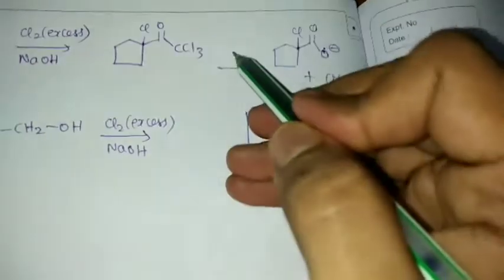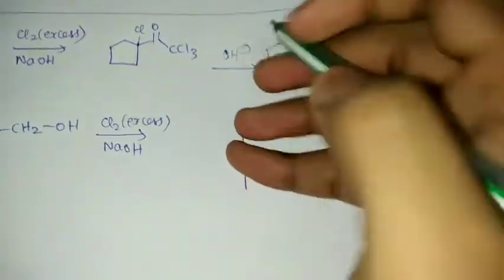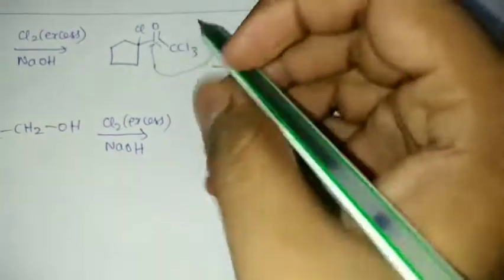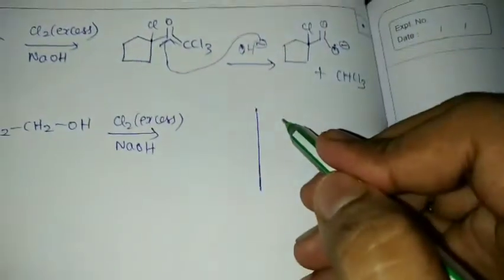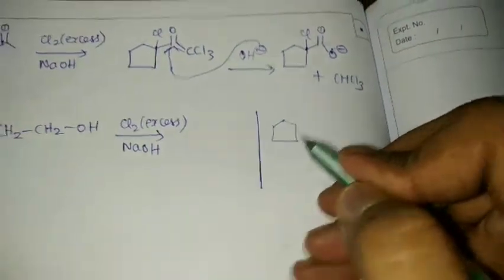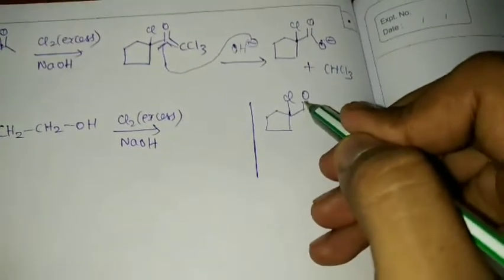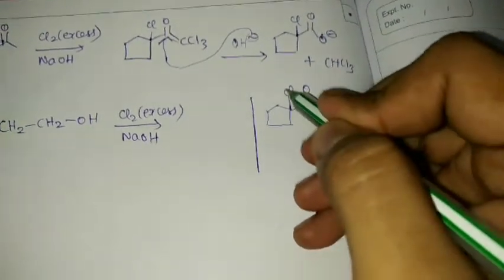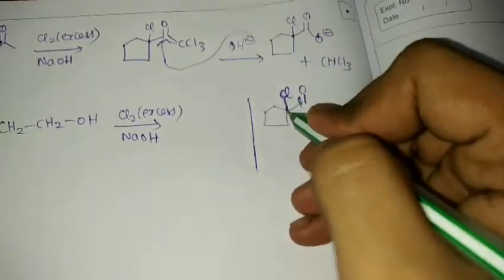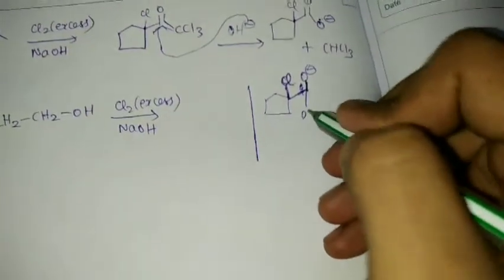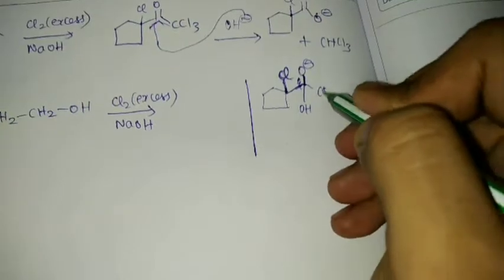What happens actually is that OH minus ion comes and attacks, right? Now there is no alpha hydrogen to attack, so it attacks this carbon only, so that it will be like this, O minus OH, CCl3.